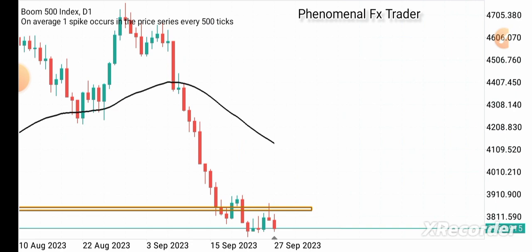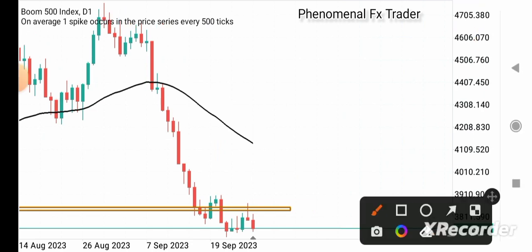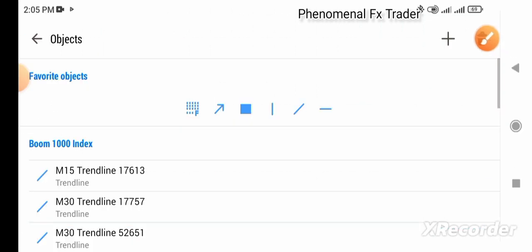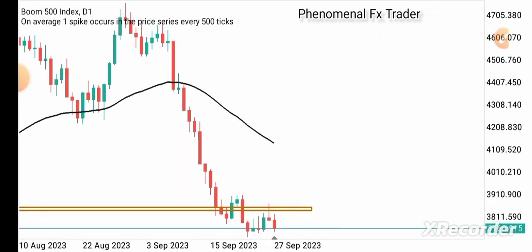So you see what happened here. Price got here. One moment, let me use the other tool, the arrowed line. So you see, when price got to this level, it broke a little, then reversed, then came back down. Then it came back to retest this level to sell down again.